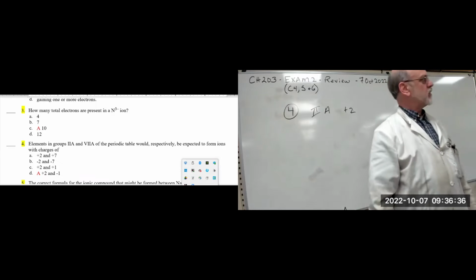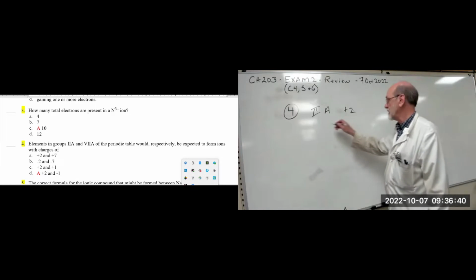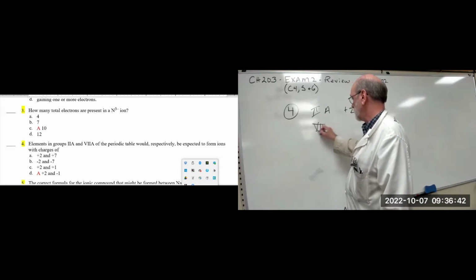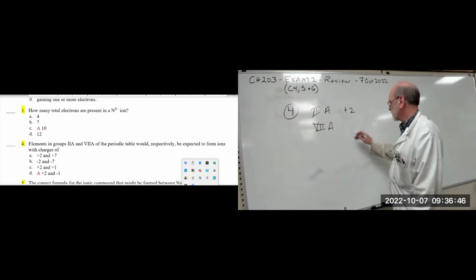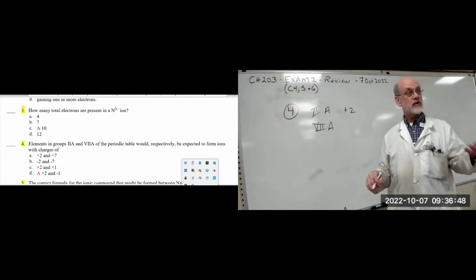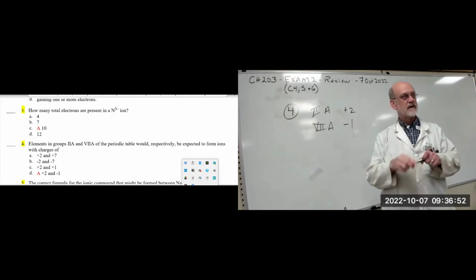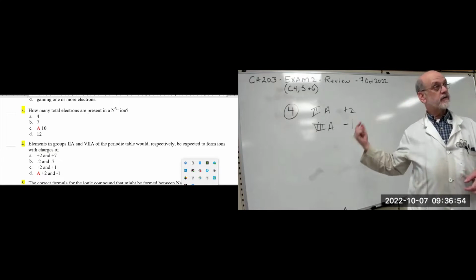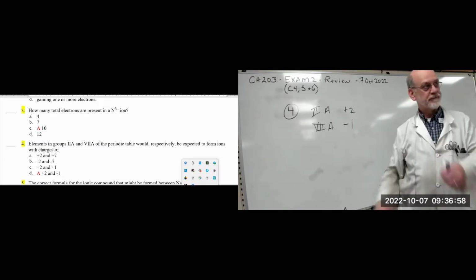And the 7 would be which group? The halogens, right? Did I read that right? Yeah, 7A. So what are their preferred charges? -1. Add an electron to those, subtract 2 from that group.